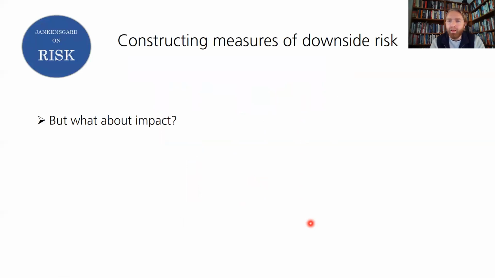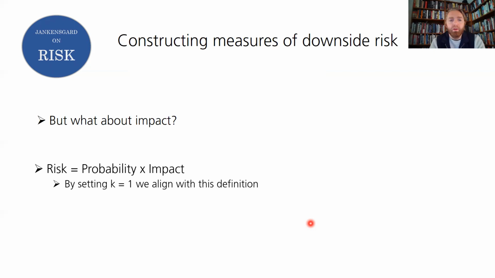But what about impact then? We've discussed in other tutorials that a complete measure of risk is probability times impact. You can't ignore the likelihood aspect of a risky event, nor can you ignore the magnitude, because a larger negative impact is usually going to be worse.